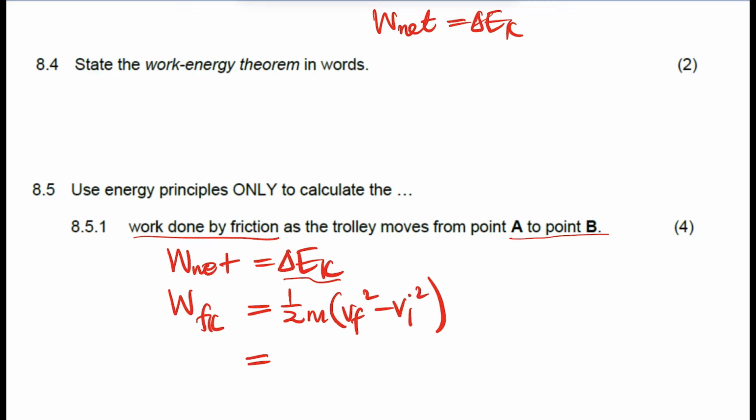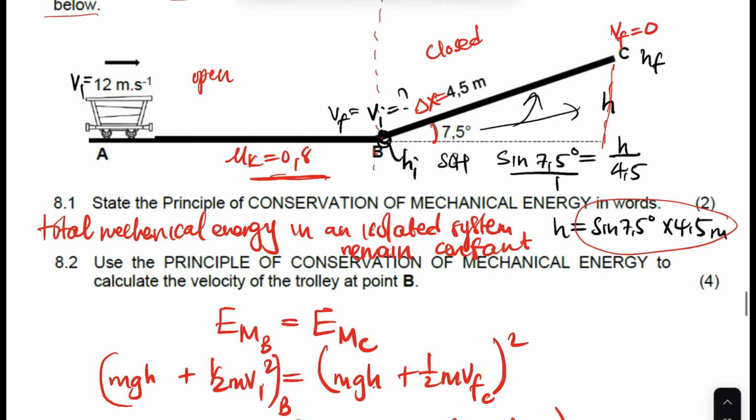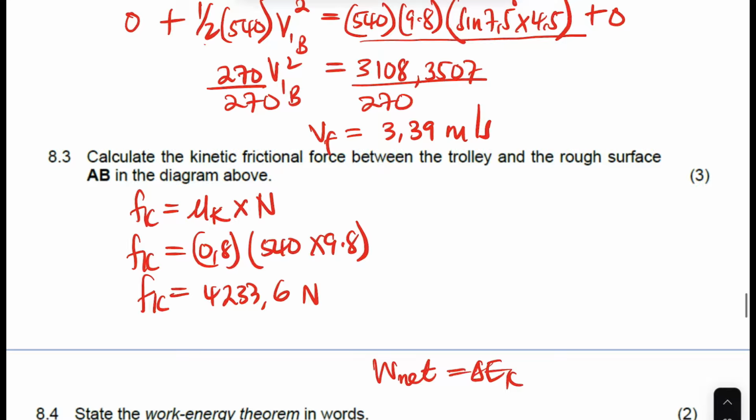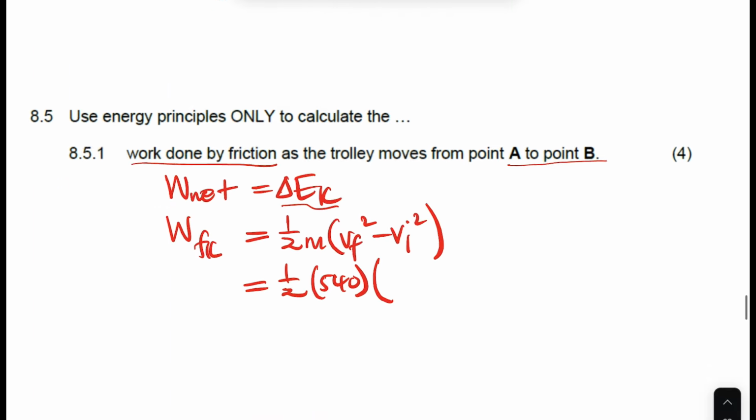And then we substitute. We have the mass of the trolley, 540, and the final velocity at that track. This is the final velocity. Remember, I said B is the final and this is the initial. So the final velocity here is the one we just calculated, 3,39. So it's 3,39 square minus the initial, which was 12 square.